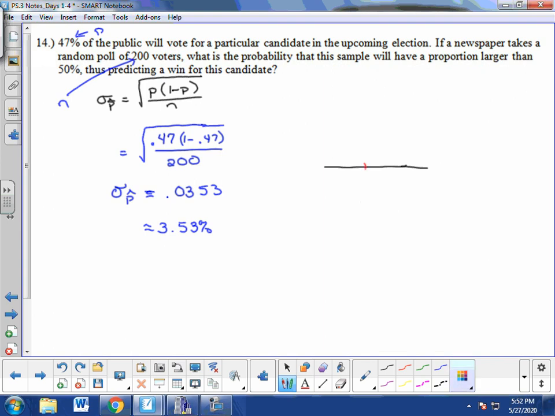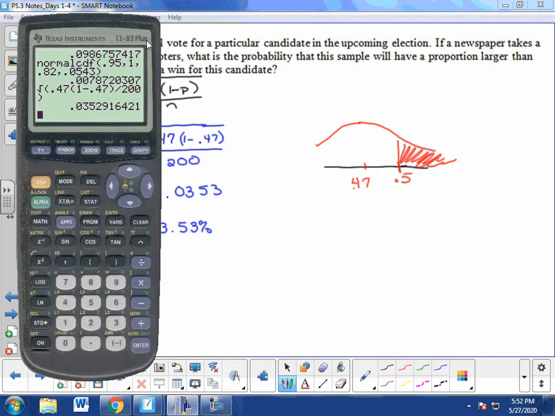So what I would do here is my population portion, 0.47, is my mean on my normal curve here. And I'm looking for what's the chance that I'm going to get greater than 50% say they would support the candidate.